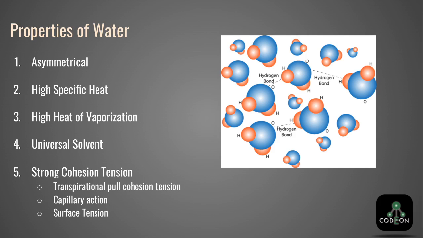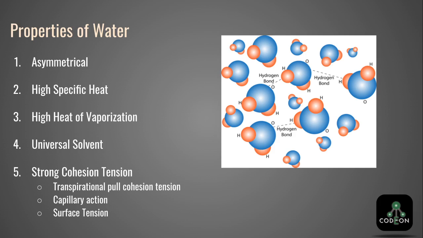So the hydrogen is partial positive, oxygen partial negative, and thus there's an attraction that we call hydrogen bonding. So the H of the water molecules are attracted to the oxygens of the other water molecules. So that's that for the asymmetrical nature of water.